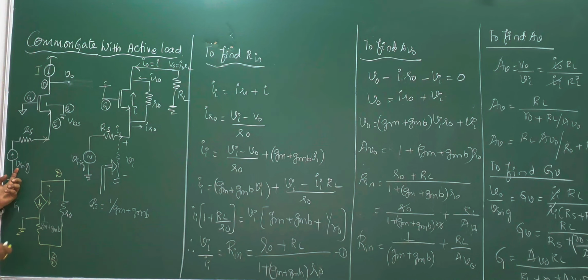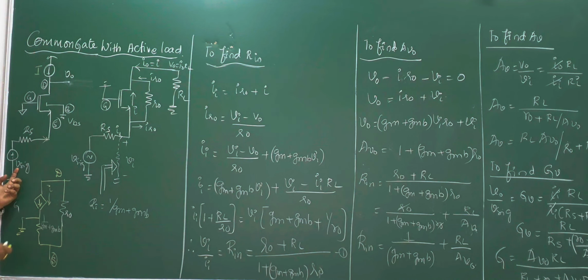Now, to go into more depth in detailed analysis, to find the input impedance, the output impedance, or the voltage gain, or the overall voltage gain, the circuitry needs to be considered here. In the previous chapter, when we were discussing, the finite output resistance was not considered in the T model.